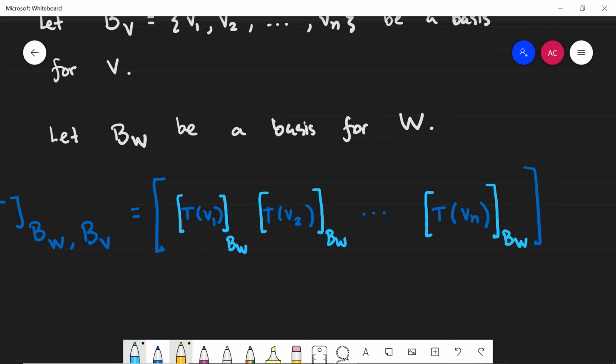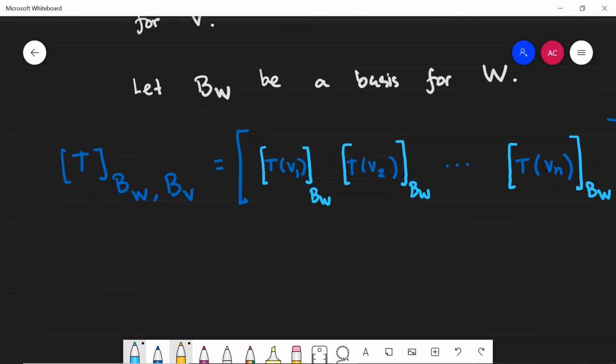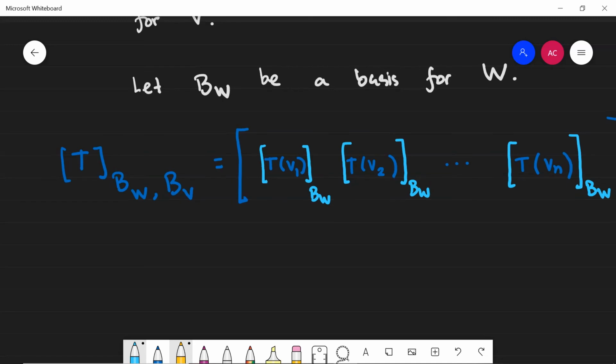Now this makes total sense because each of the V's, V1, V2 up to Vn, are living in capital V. If I apply T, those are living in W. So T of V1, T of V2, etc., are all living in capital W. So I can take their coordinate vectors with respect to the basis for W.